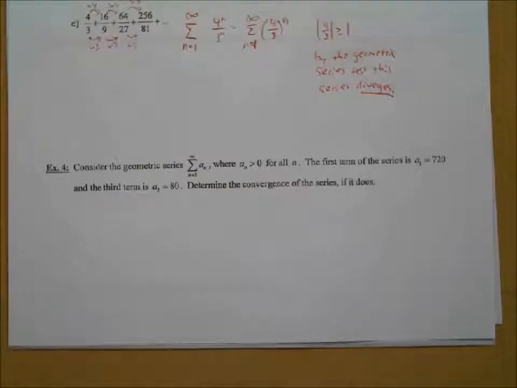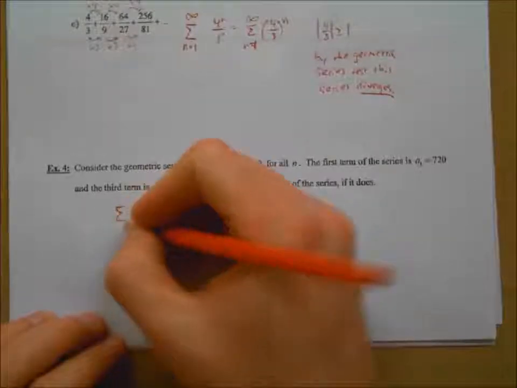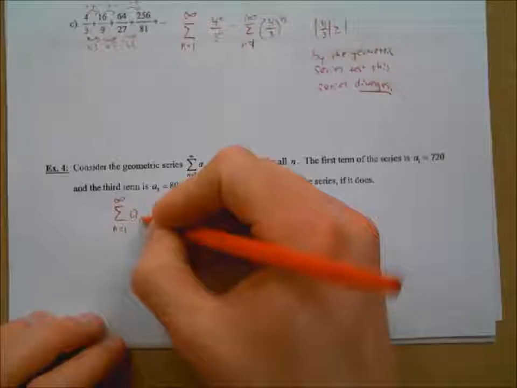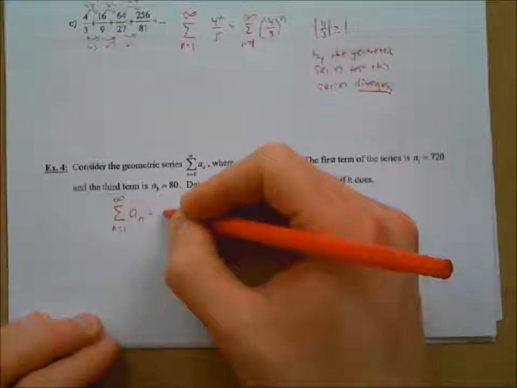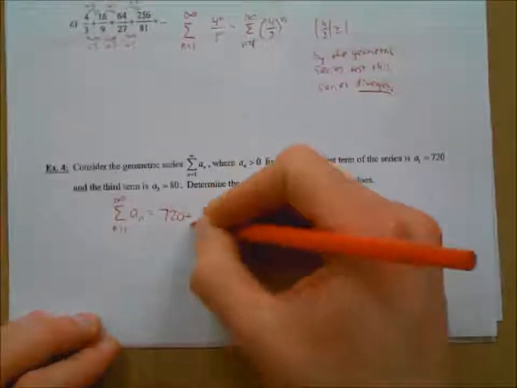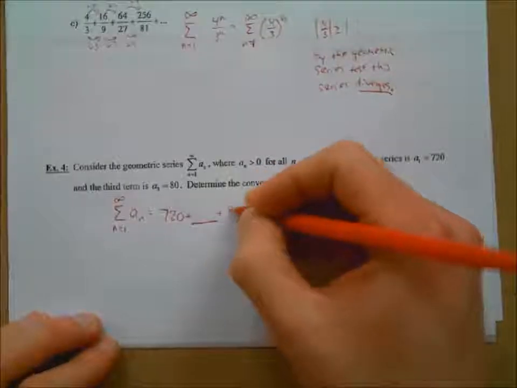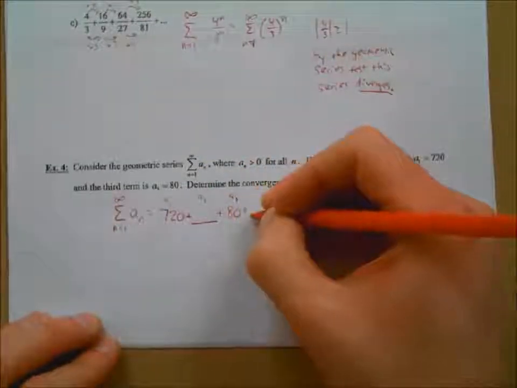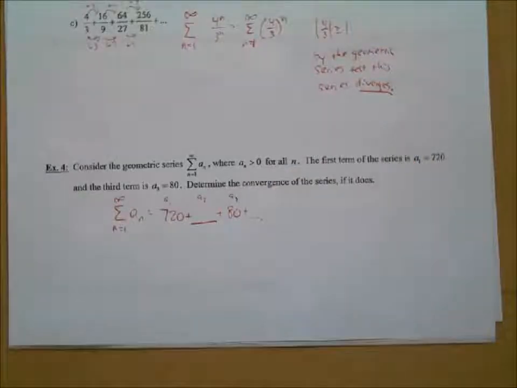So we've got this information, right? The sum from n equals 1 to infinity of a sub n, and that's equal to 720 plus something plus 80 plus, and then dot, dot, dot. We've got some more terms we're going to be adding on there, right?